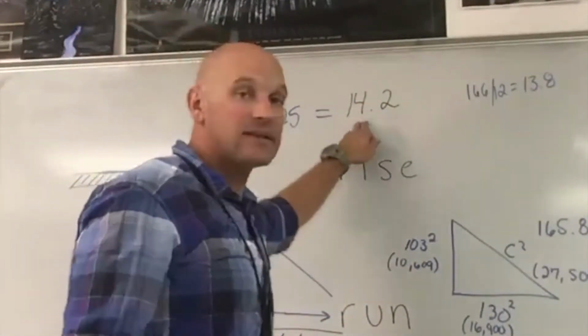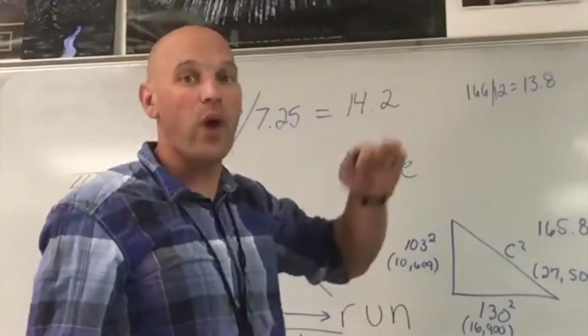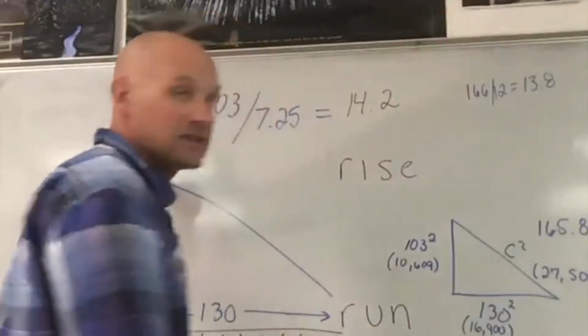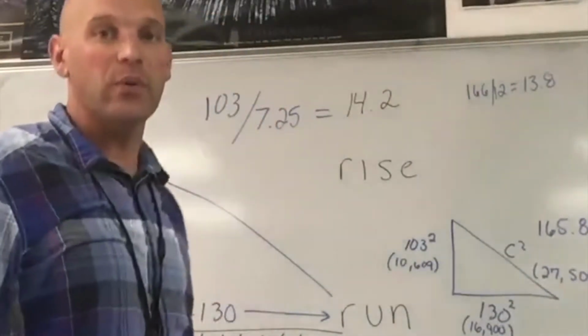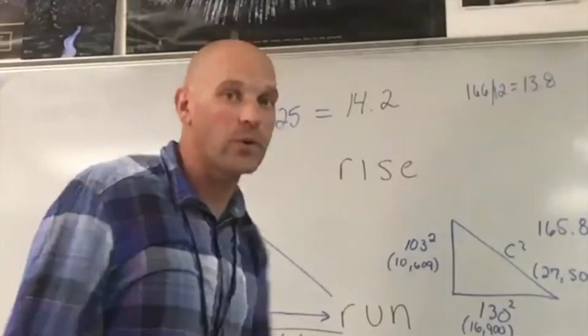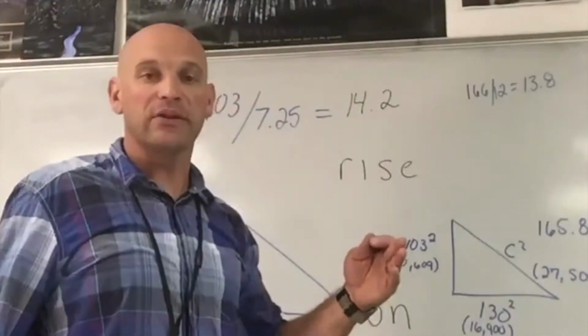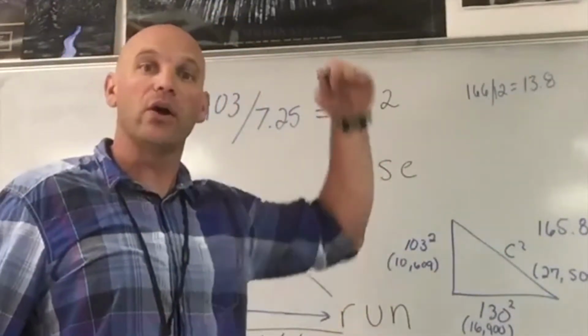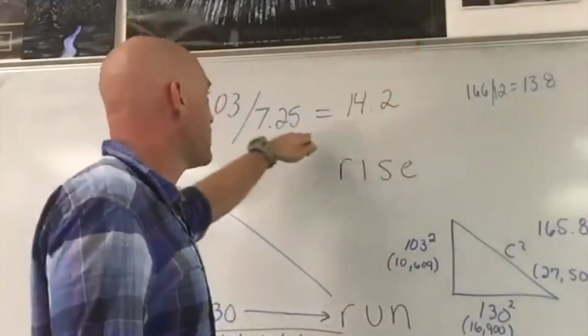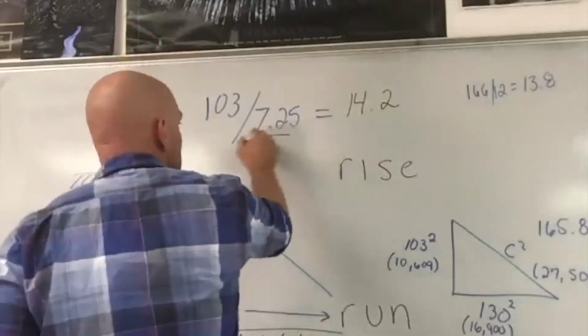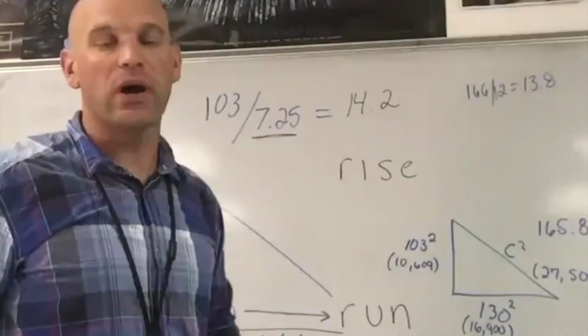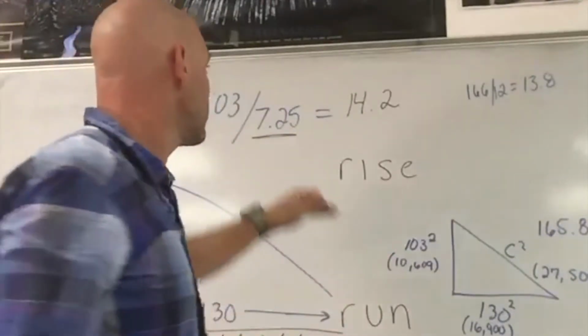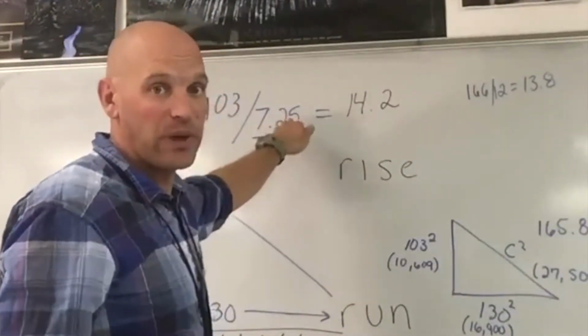That's how many steps we're going to have, how many rises in this staircase that we will need. Well, you can't have 14.2, so we can either go 14 or we can go 15. It depends on what this number is. If we say we want 14 steps, that will make this a little bigger.